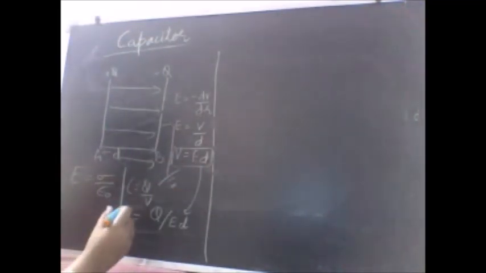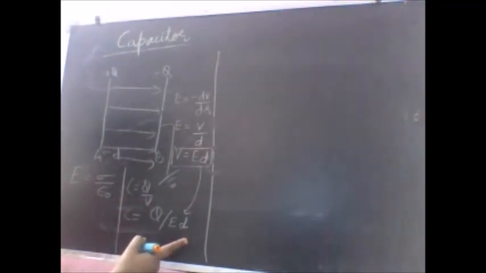This is what we have substituted here. So C is equal to Q divided by ED, and the electric field formula is sigma by epsilon naught. Let us put this formula here and see what we get. Q divided by sigma D, and this is epsilon naught. What is this sigma, children? This is the charge density, the area charge density.